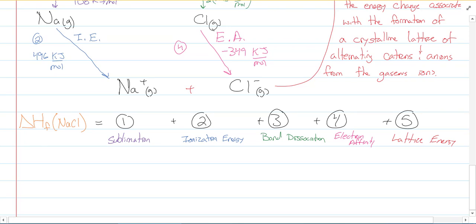So if we were to do this, the enthalpy of formation is negative 411 kilojoules per mole.